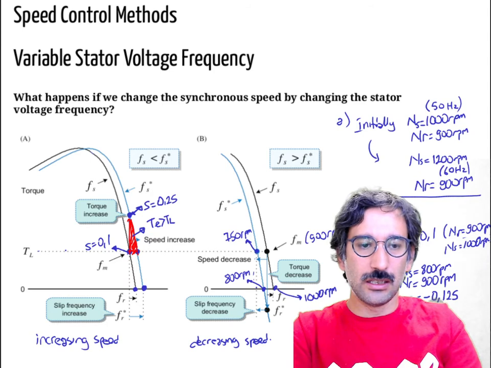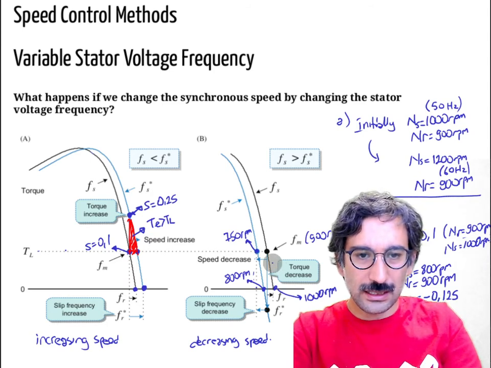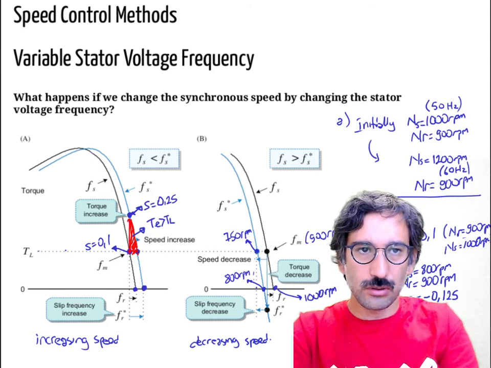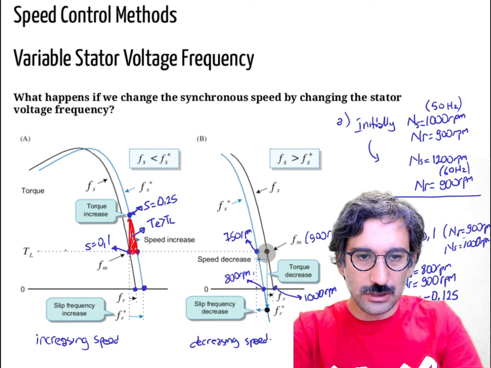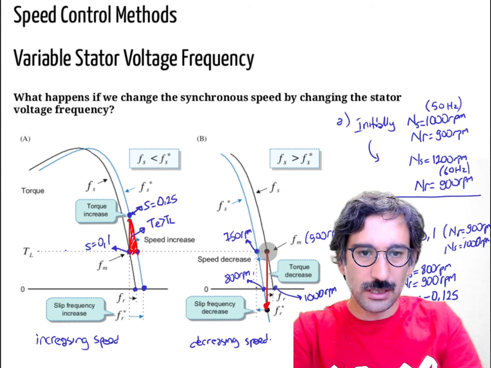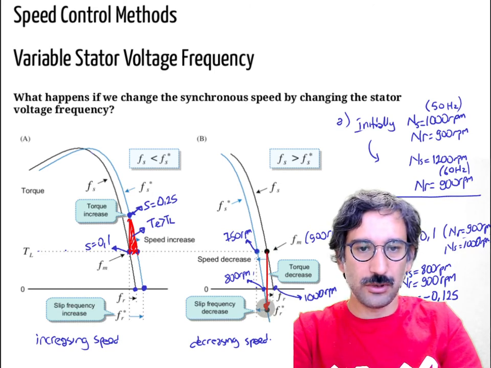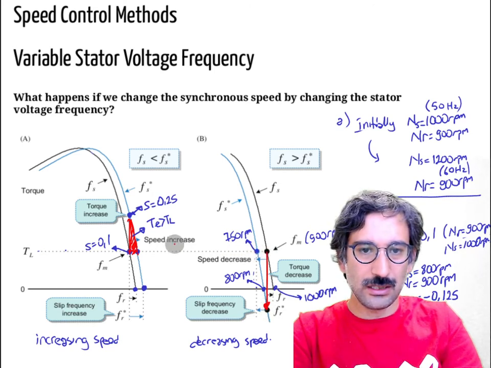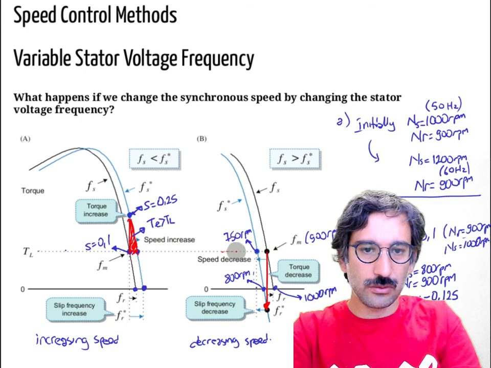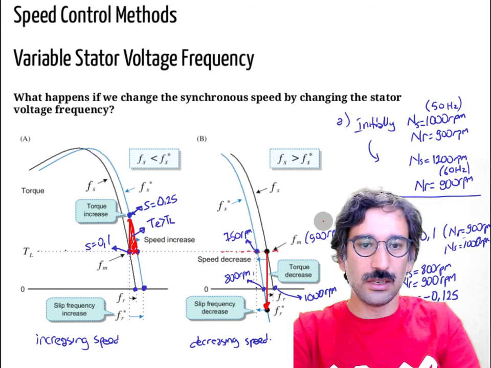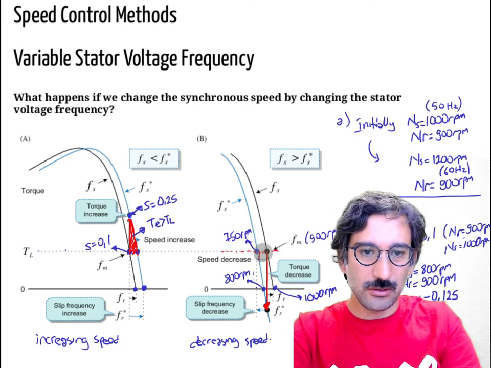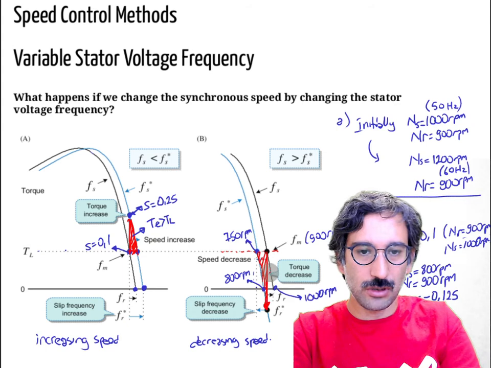Suddenly you jump from that point to that point, and your load torque is still constant, and you are generating negative torque.